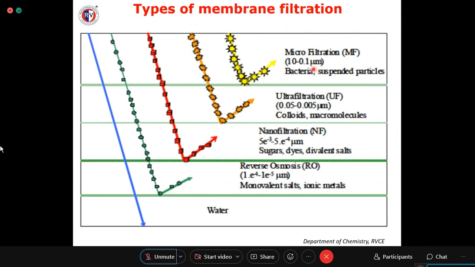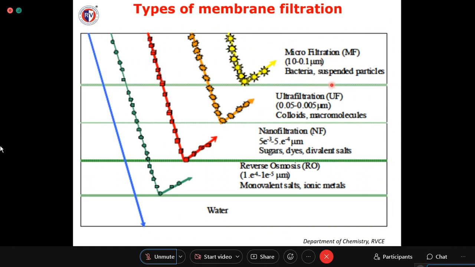Only those can be filtered using this membrane. This kind of membrane is called a microfiltration membrane, and this process is called microfiltration.